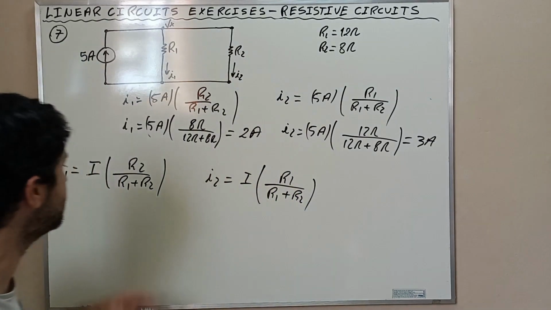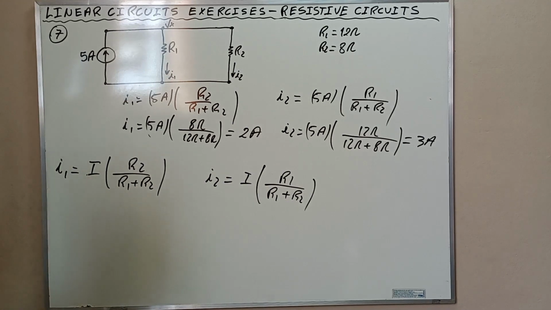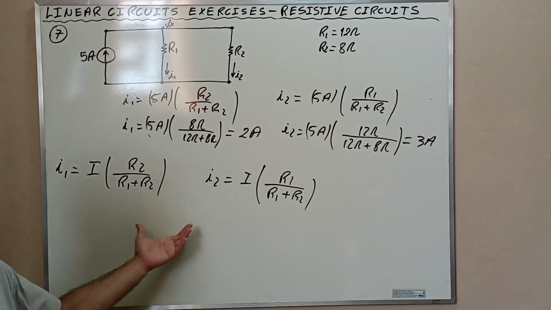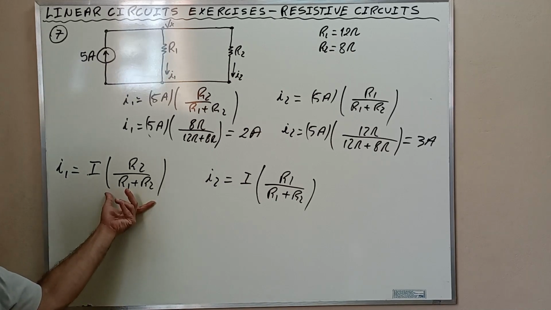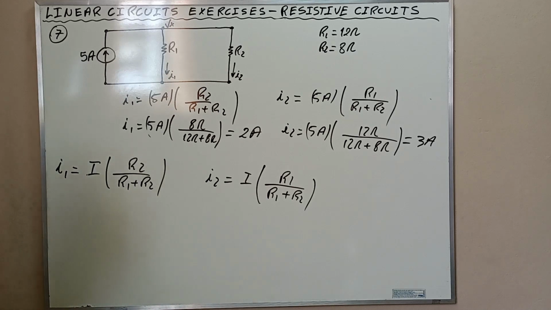We could just use the formulas, but instead of memorizing them, I decided to demonstrate how they originate before using them, and this is what I did, my friends. This is all for exercise 7.